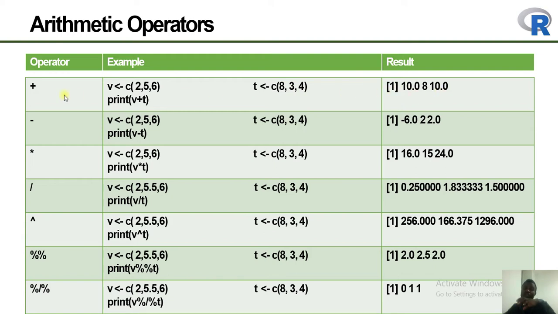One of the conditions that must be fulfilled when adding vectors together is that they must be of the same length. The length of vector v in this case is 3, that is 1, 2, 3 values are inside that variable v, and for variable t the length is also 3: 8, 3, and 4.